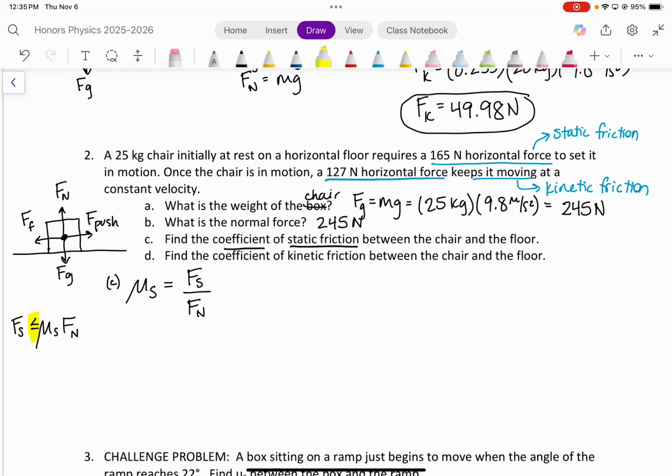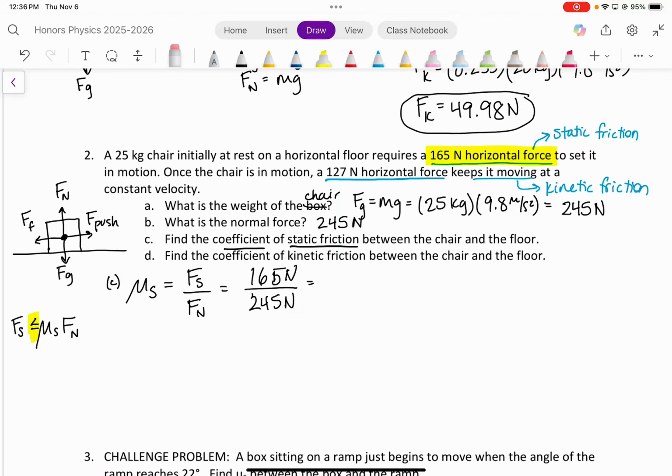So the problem assumes this is the maximum static friction that can be supported. If mu equals the maximum static friction divided by the normal force, then I just plug in some numbers: 165 newtons divided by the normal force, which is 245 newtons.